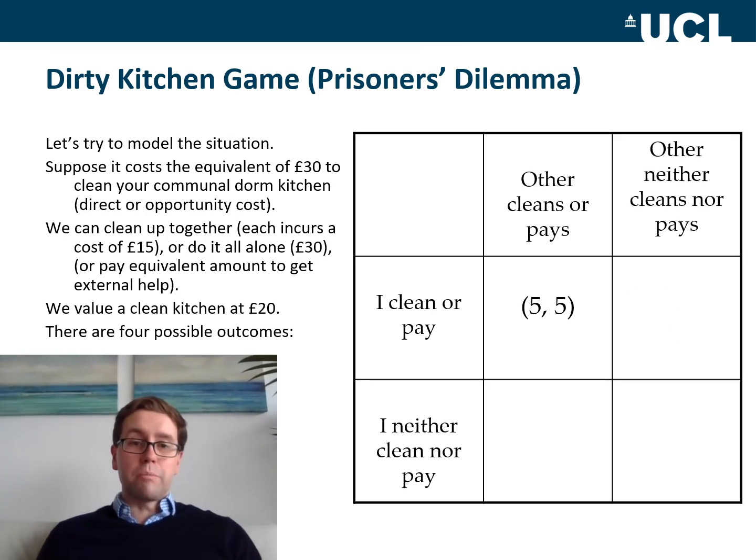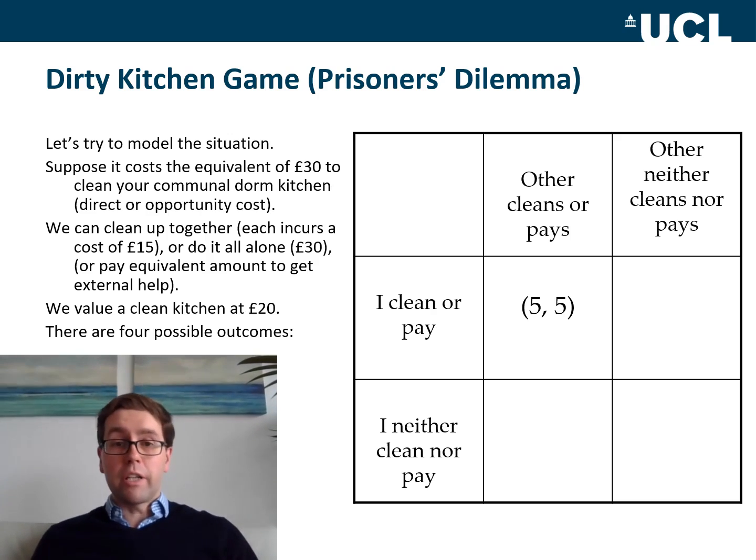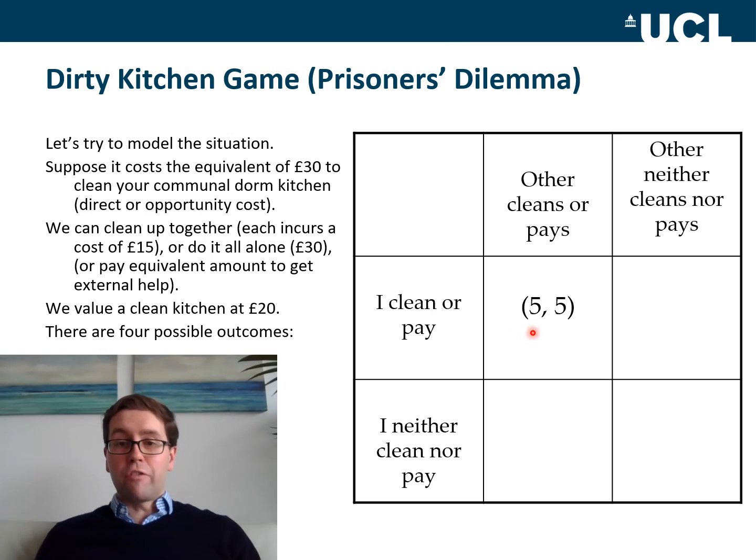So what about these outcomes? We can assign numerical values in this case to these outcomes because we know how much we value the clean kitchen. So in this case, we assign a value of £5 to me and £5 to you. The first number is always my payoff, the second number is your payoff.